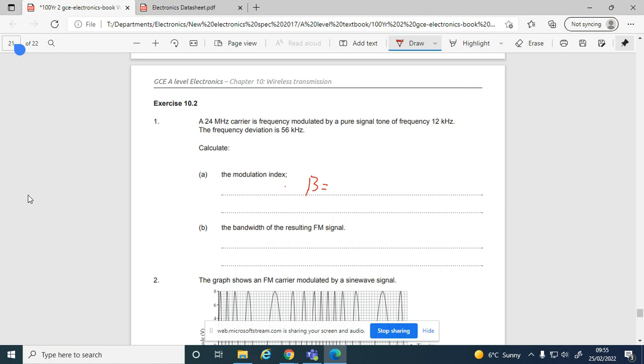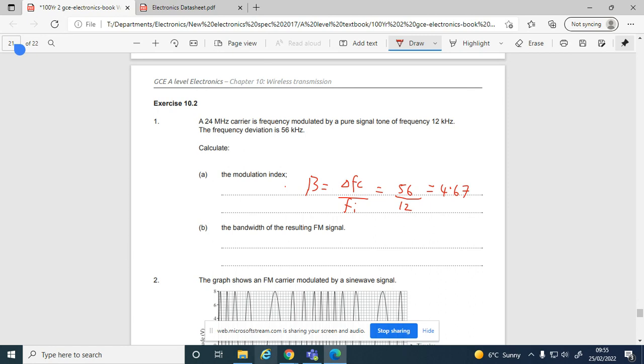But it's basically the frequency deviation, delta FC, divided by the information frequency. The frequency deviation is 56, I can put times 10 to the 3. However, I know that the deviation is 12k, so the k's would cancel out anyway, won't they? 4.67 is unitless because it's frequency over frequency.